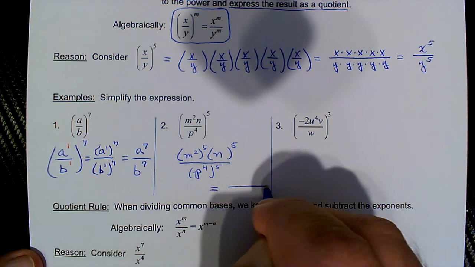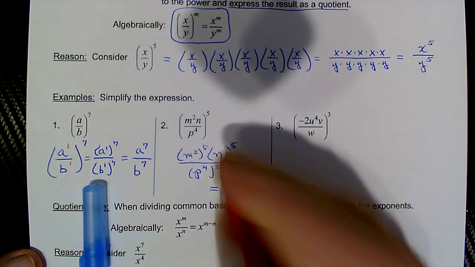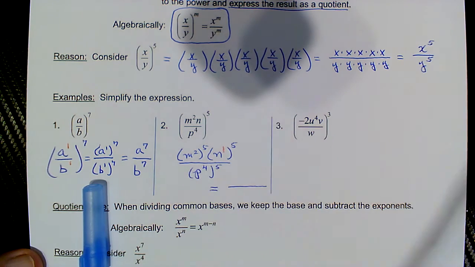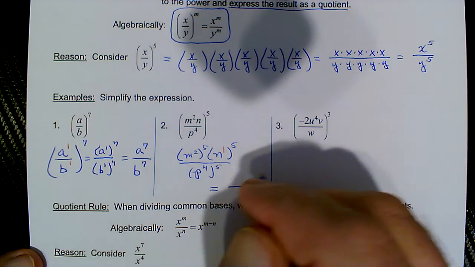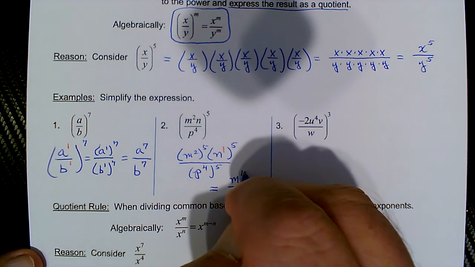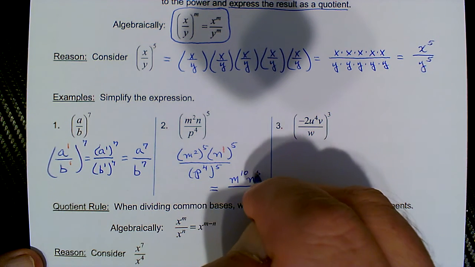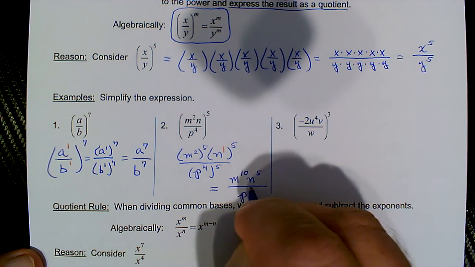And I'll squeeze in the answer here. This is n to the 1st, understood again, if you want to put the 1 in there. And these are all powers of powers, so we multiply the exponents. So m to the 10th, n to the 5th, over p to the 20th.